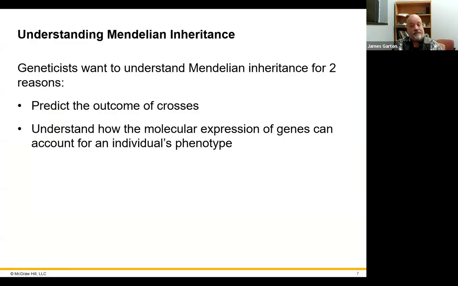You want to understand Mendelian inheritance for a couple of reasons. You want to be able to predict the outcome of crosses, and you want to be able to understand how gene expression can account for phenotype.